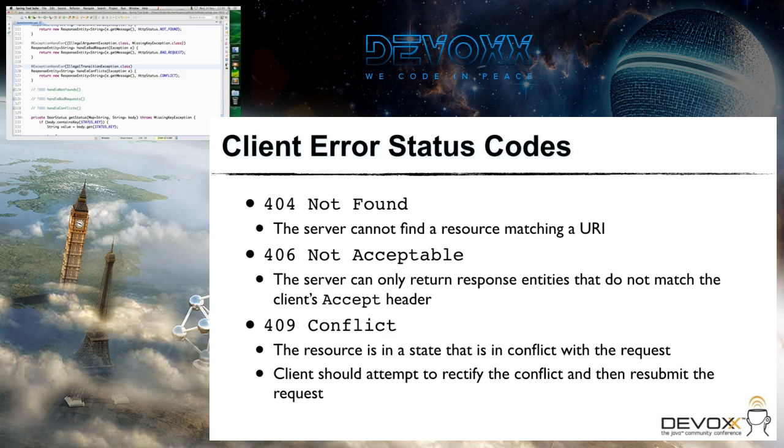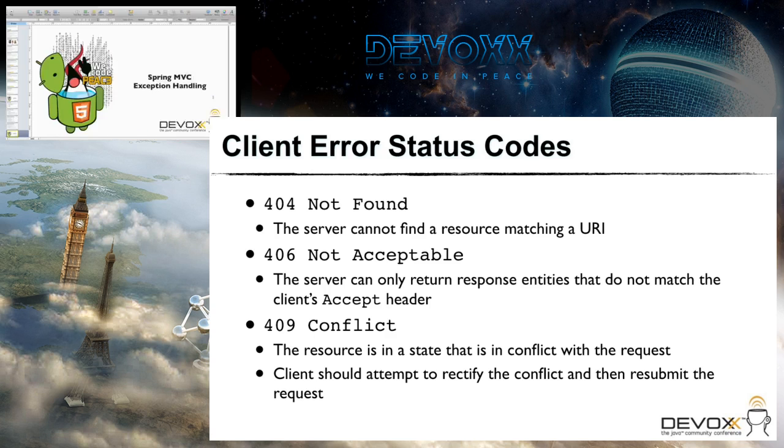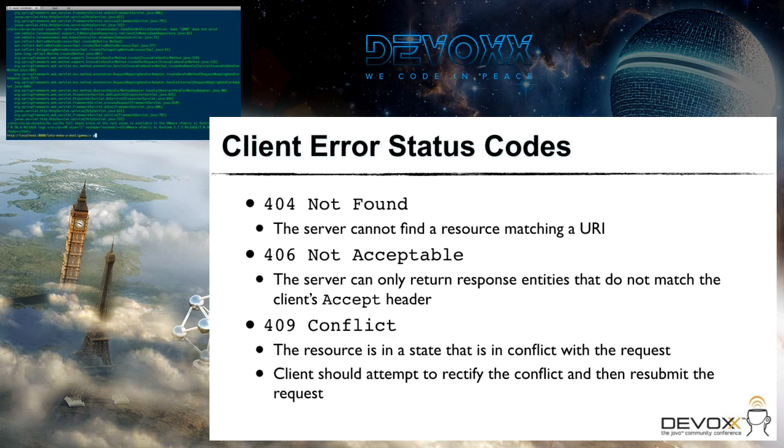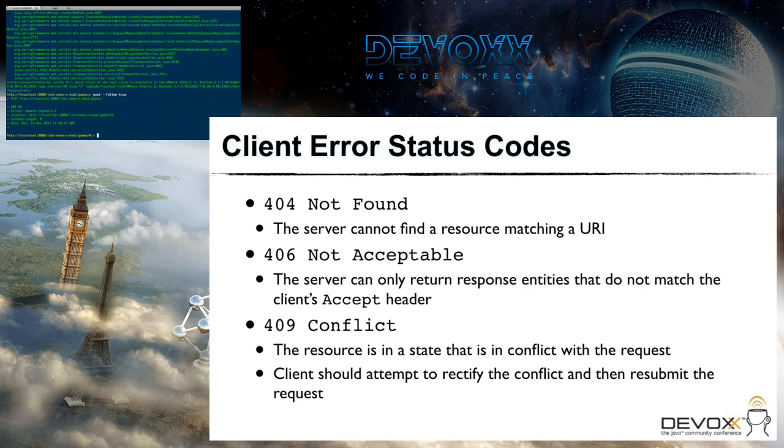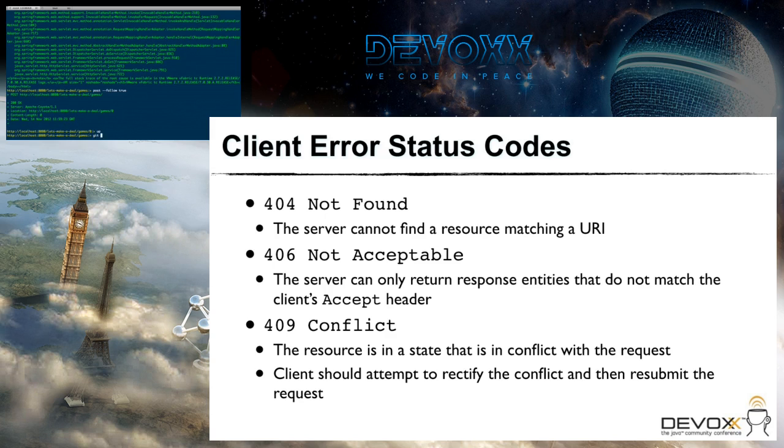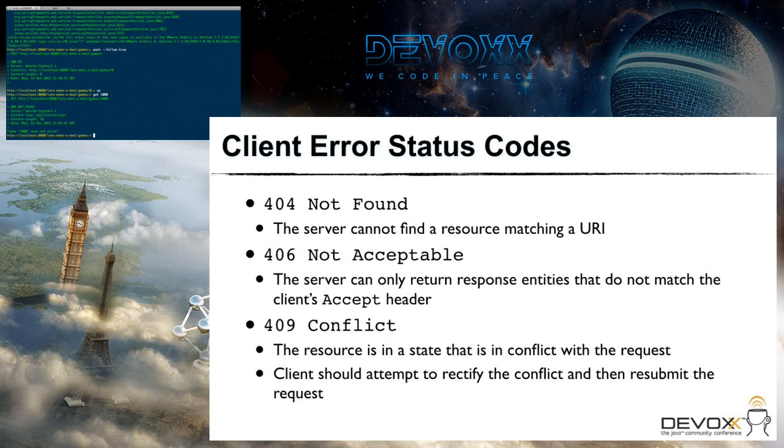So now, let's go ahead and redeploy this. All right. So we have created a game at 0, but now what happens if we ask for something that doesn't exist? Boom, right? Much more easily readable.